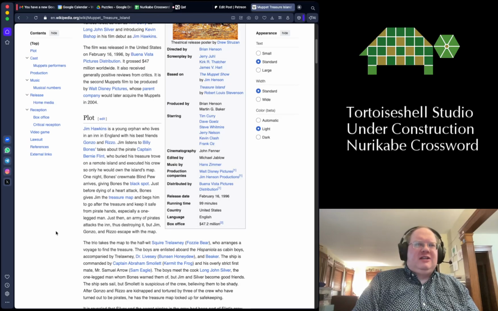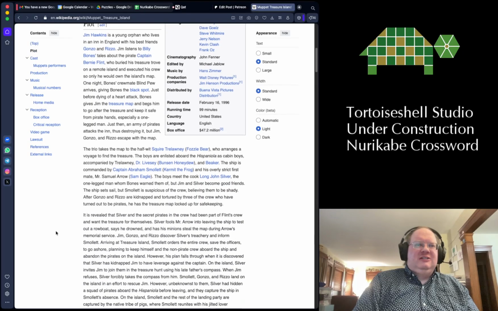X marks the spot is also a very stereotypical message for this sort of thing.